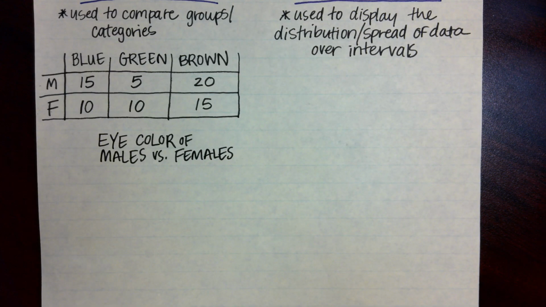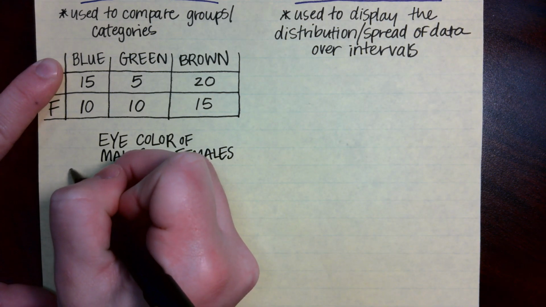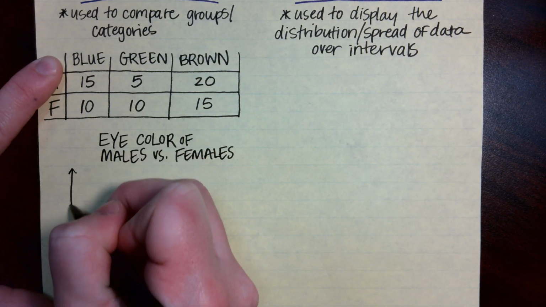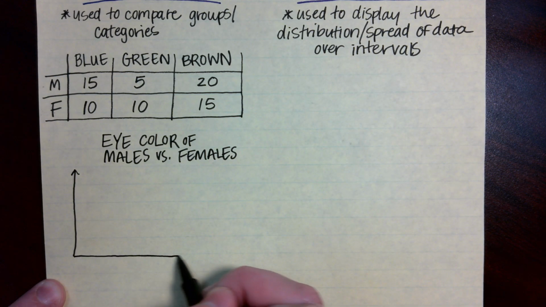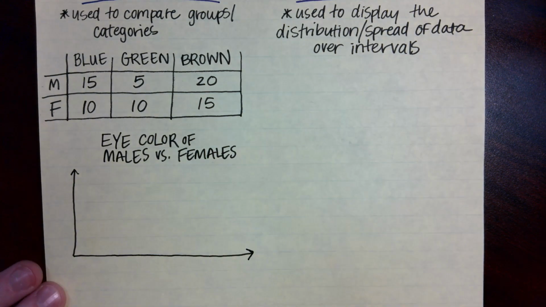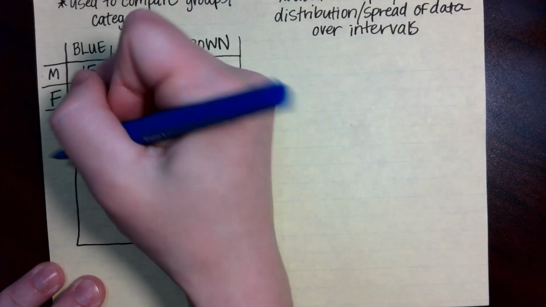Okay. And then on a bar graph, we're going to do the same thing as we do with a scatter plot. We'll have an x-axis and a y-axis. I'll label these as well.